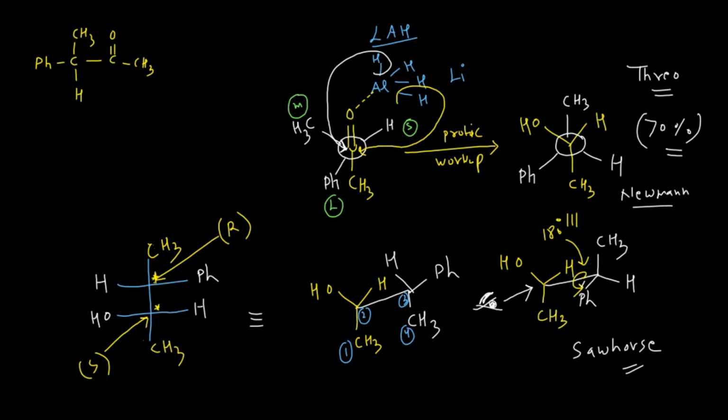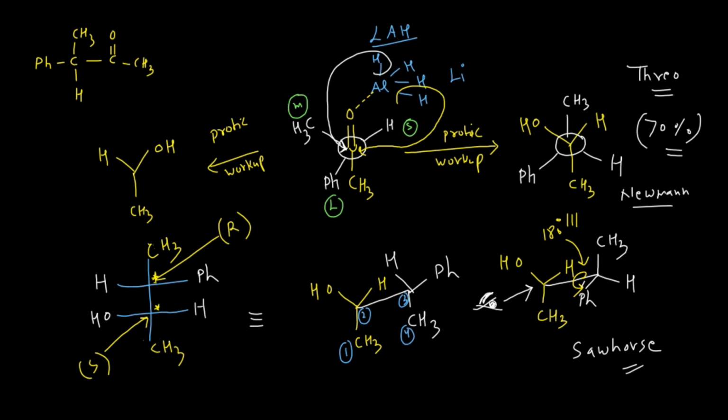So I will draw this thing again. Protic workup I am writing. And then you see I have this feature. Your alcohol will be here. Your hydrogen will be here. This is your CH3. I hope this is quite clear to you. Hydrogen is coming from this particular direction, so this hydrogen will be here, connected with this electrophilic carbon. This will convert into the alcohol and it will be pushed here. So this is your OH and this is your CH3.